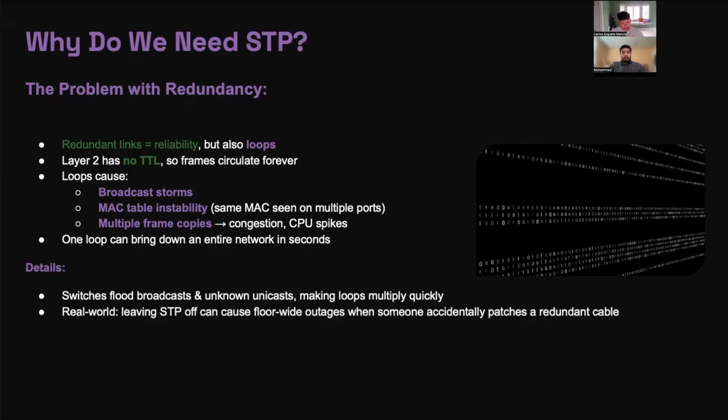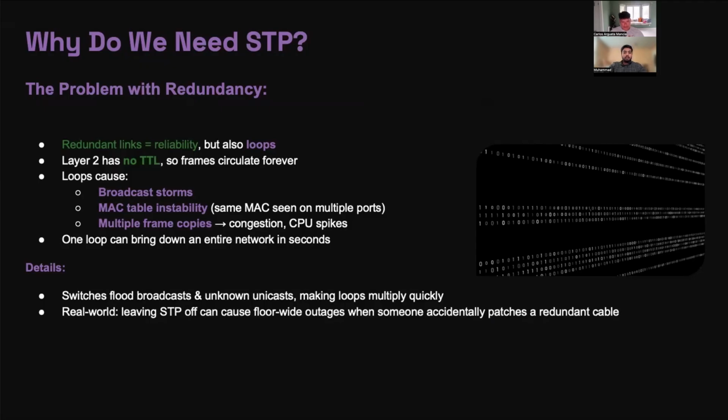One loop can bring down an entire network in seconds. The switches flood broadcast and unknown unicast frames, making loops multiply quickly. If two computers are connected and one broadcasts something and there is a loop, the switch will broadcast everywhere, and it's going to go in a circle again and again and again.